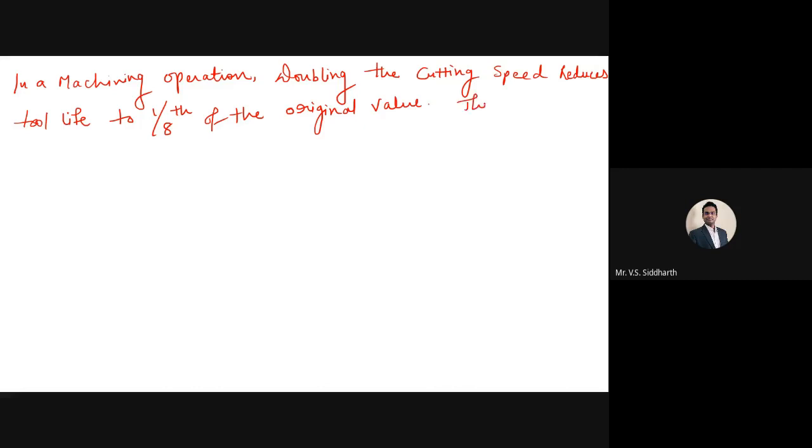The exponent n of the Taylor's tool life equation is, solve this.